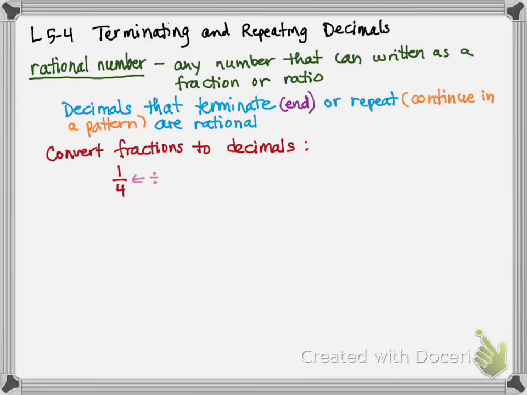I was still seeing mistakes on the last test: 1 divided by 4 looks like this. The denominator is on the outside of the division symbol, and what goes underneath the division symbol is the numerator. That's how we set that up.